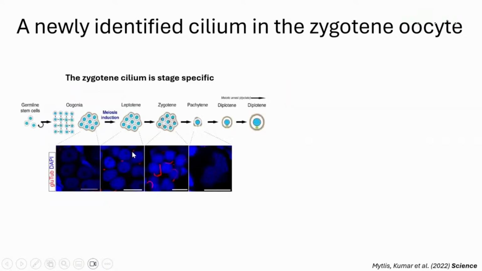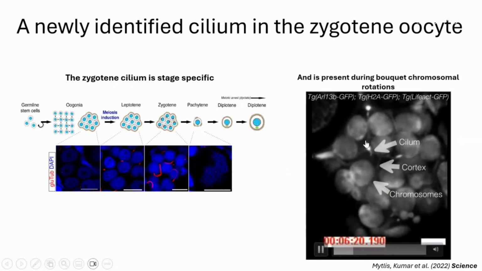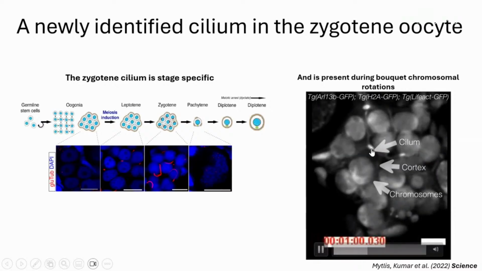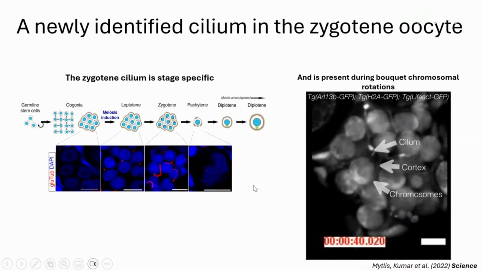The zygotene cilium is a stage-specific cilium: in oogonia it's absent, it starts to grow in leptotene, in zygotene it's fully elaborated, and later disappears in pachytene stage. And here, in live imaging, the presence of the zygotene cilium in rotating, shuffling chromosomes.